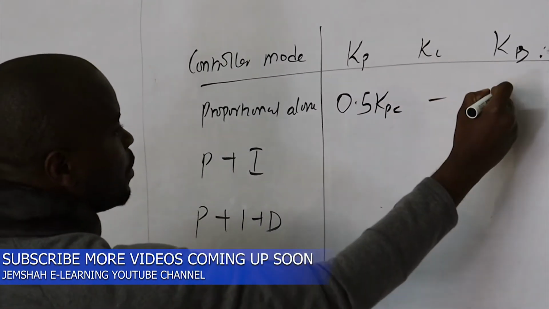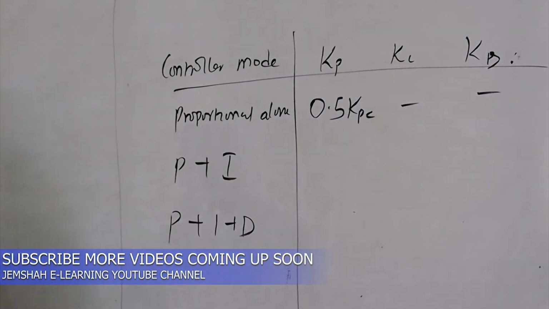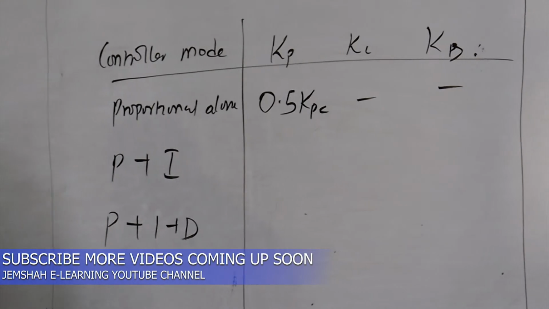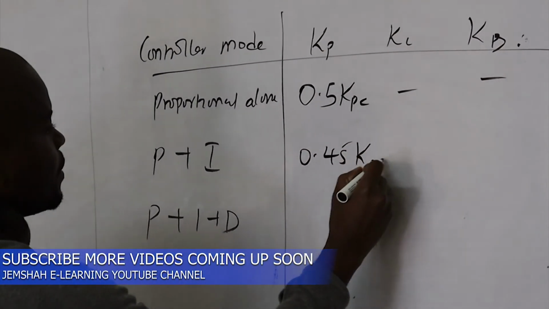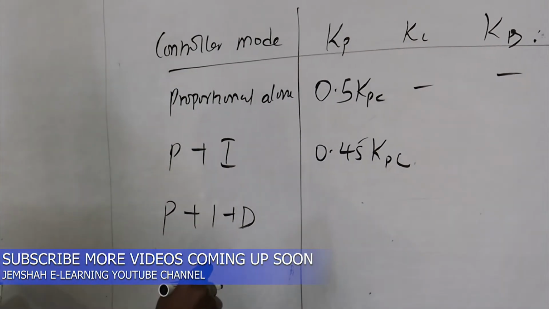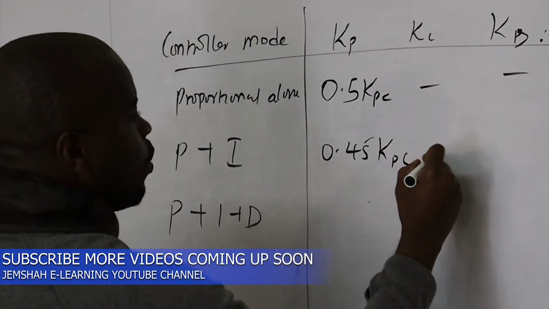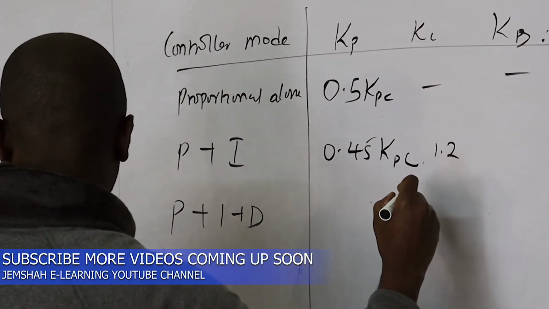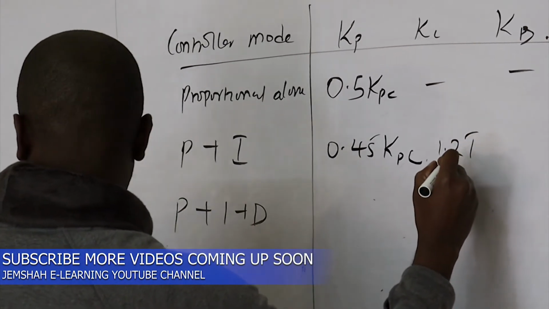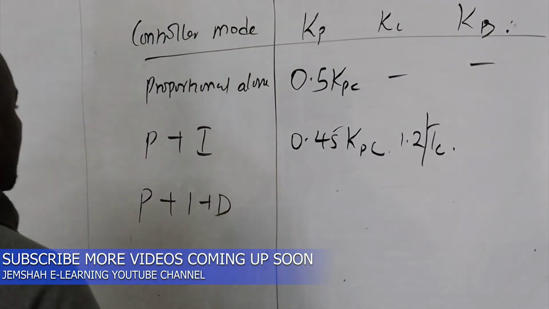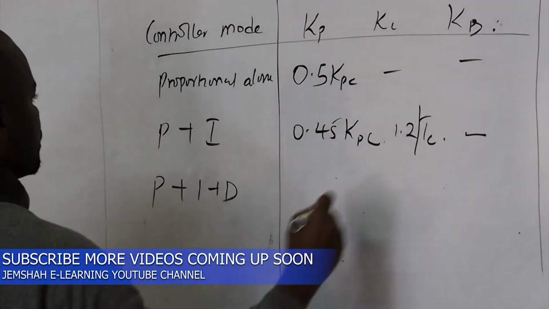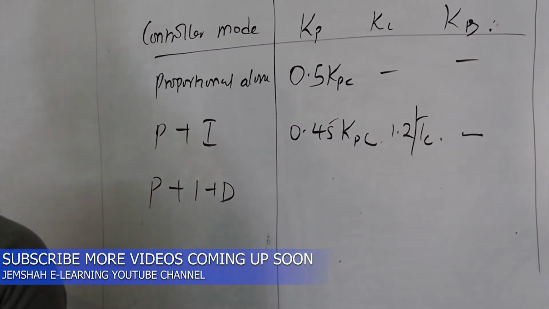and of course those ones will not be there. For P plus I, in this case, we will have 0.45 Kpc, and then, of course, this one will be 1.2 divided by Tc, and then, because it is proportional plus integral, we don't have the derivative.